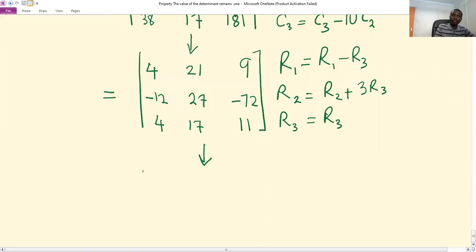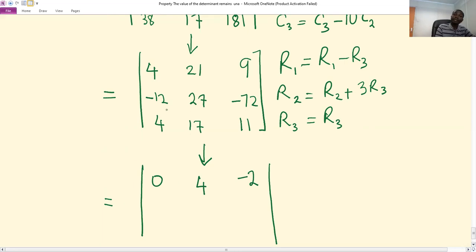So that will be 4 minus 4 is 0. 21 minus 17 is 4. And then 9 minus 11, that will give me minus 2.